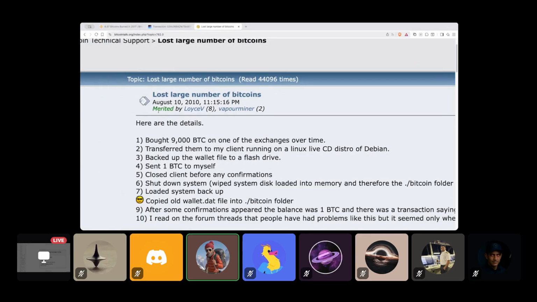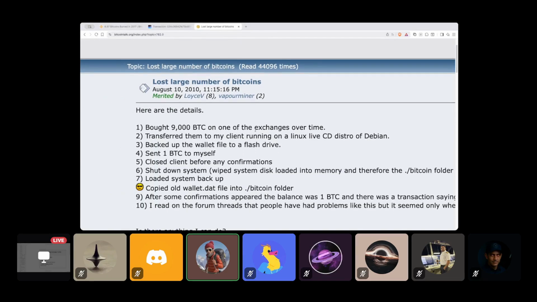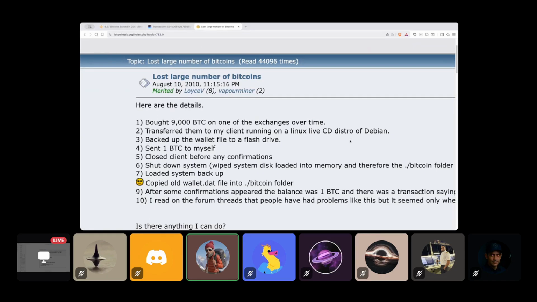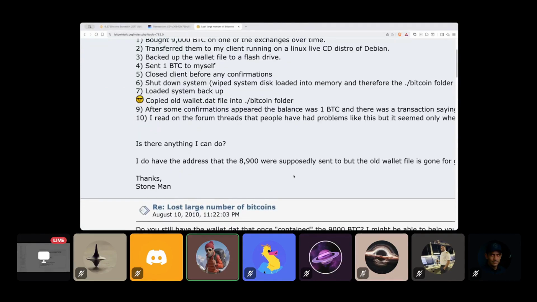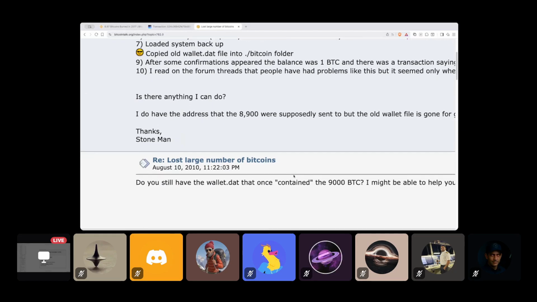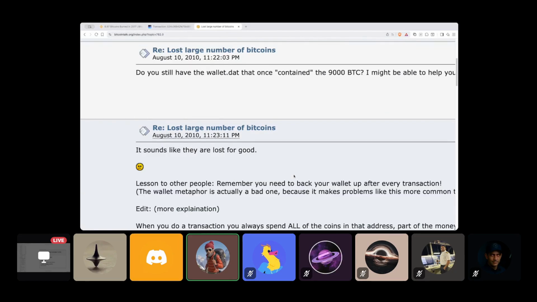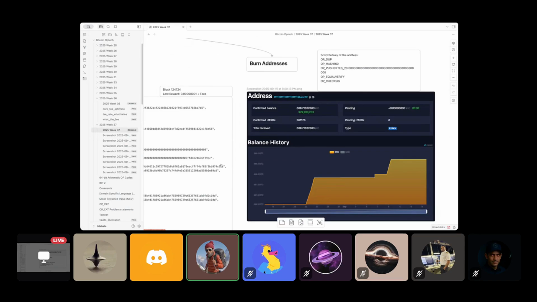Here, some guy bought 9,000 BTC on one exchange. He did a reset on his PC, forgot to copy the wallet file, and when he tried to access it, it's just gone. There is a whole bunch of such posts.